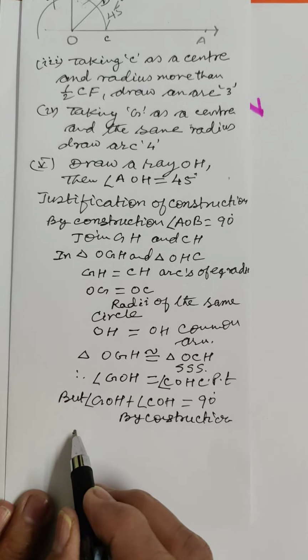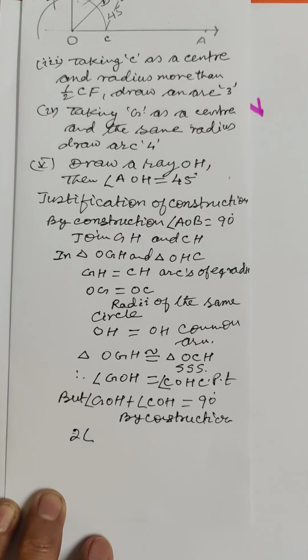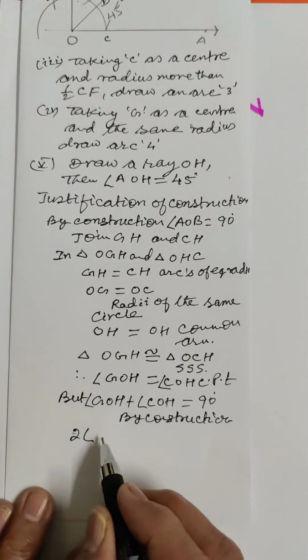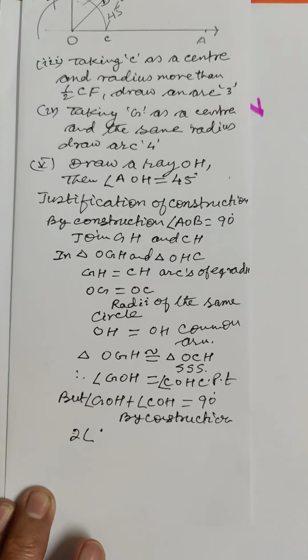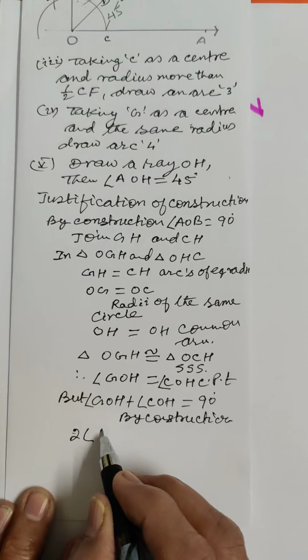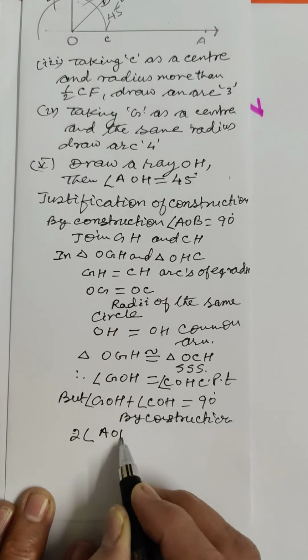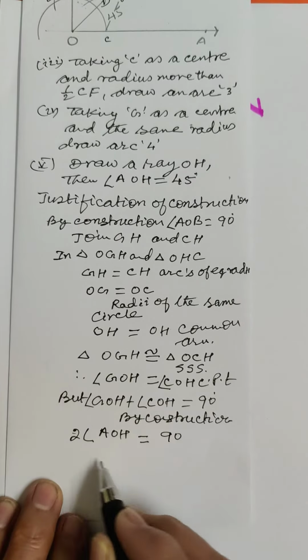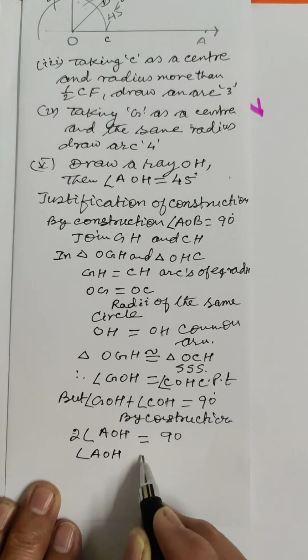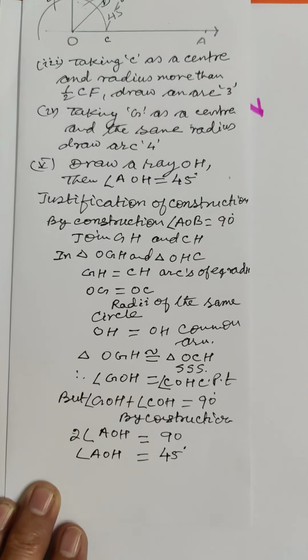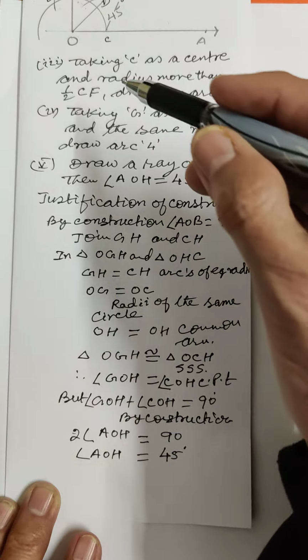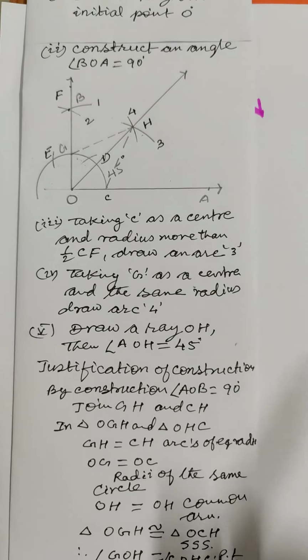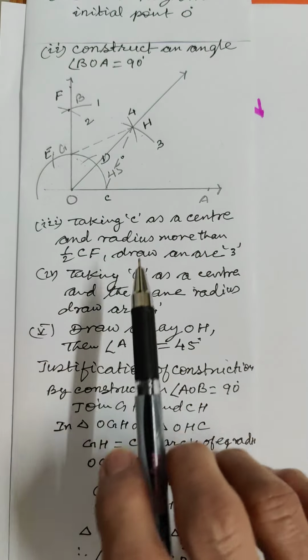So therefore twice of angle HOC, or AOH, is equal to 90 degree, or angle AOH is equal to 45 degree.